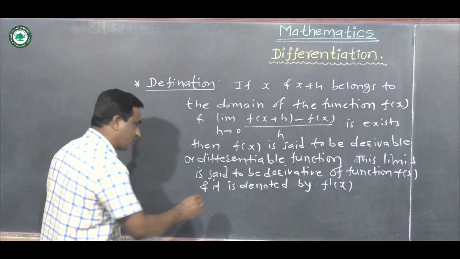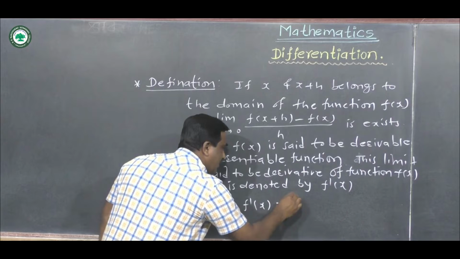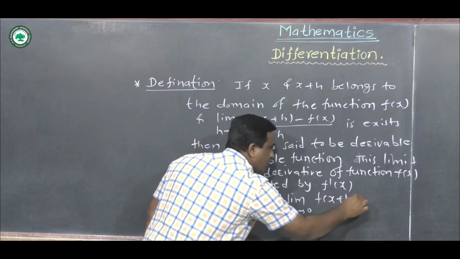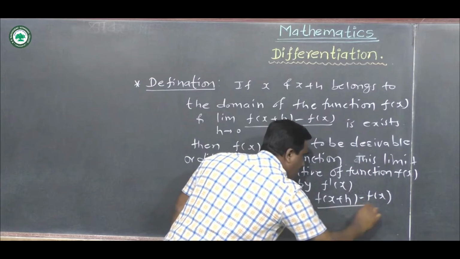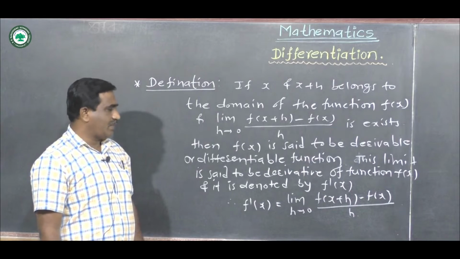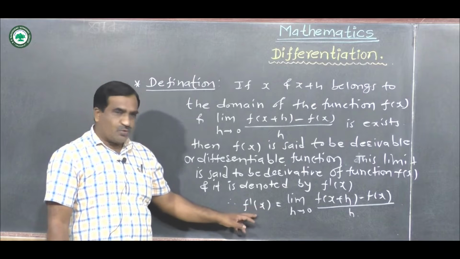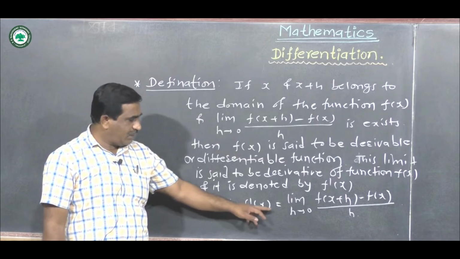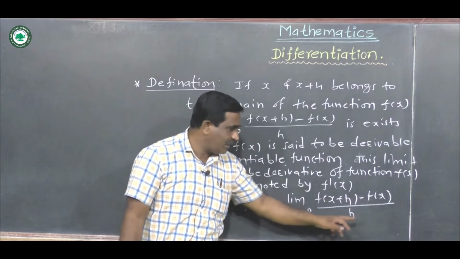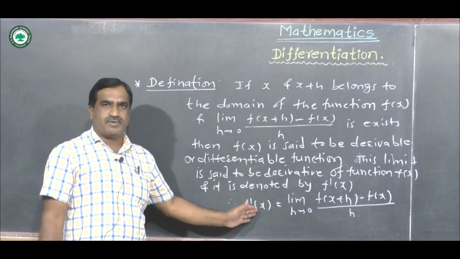Therefore, we can write f dash of x is equal to limit h tends to 0, f of x plus h minus f of x upon h. This is the derivative of the function f of x at x equal to x. If we take x equal to a, then this becomes f dash of a equal to limit h tends to 0, f of a plus h minus f of a upon h. Okay, and this is also called the first principle formula.